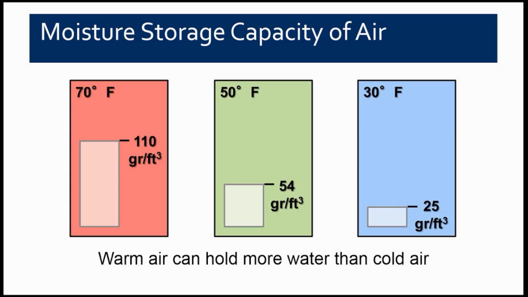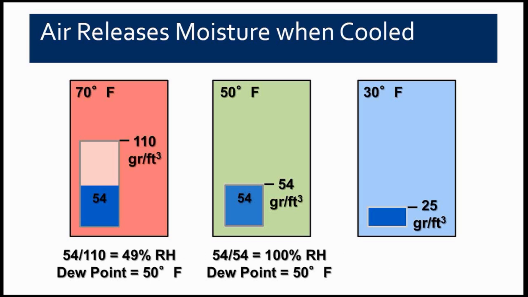So air that's 70 degrees can actually hold 110 grains of water per cubic foot at typical atmospheric pressure. If that air is reduced down to 50, it only holds 54, or roughly half the amount of water. When it's reduced down to 30, it'll be even less.